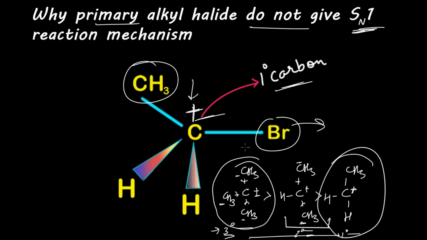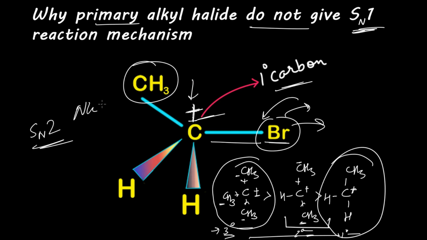Since this carbocation is not stable, the leaving group can leave and will come back and attach itself again. So in simple terms, the leaving group will not leave easily. That's why the primary alkyl halide will go through the SN2 mechanism.